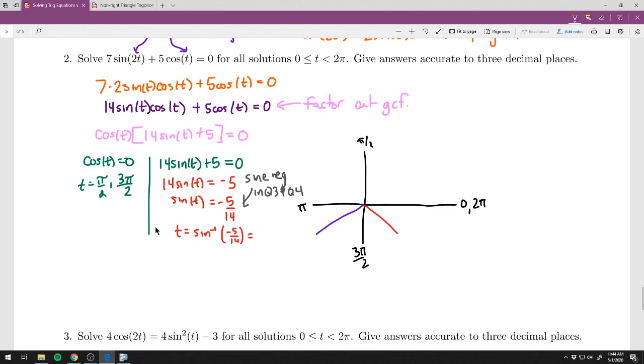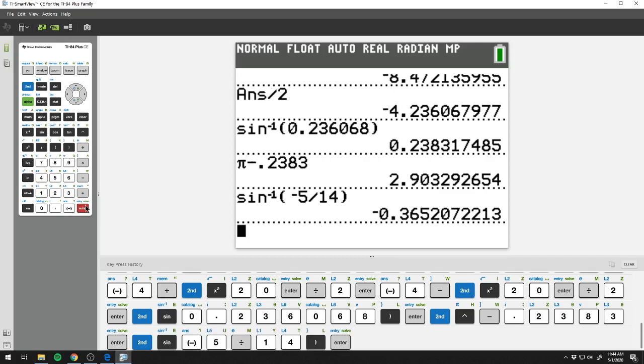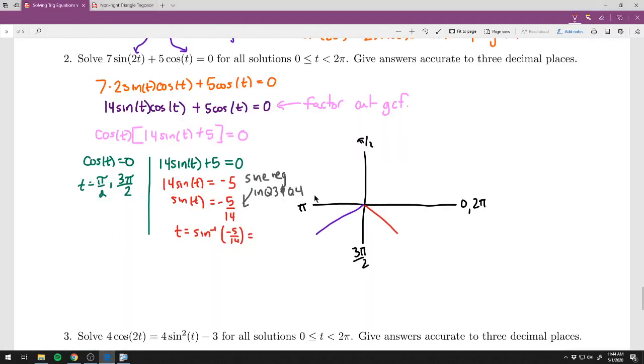See, we're in radians here, 0 to 2 pi. We take our calculator. Sine inverse of negative 5 divided by 14 is negative 0.3652. All right, which is exactly that quadrant 4 angle.